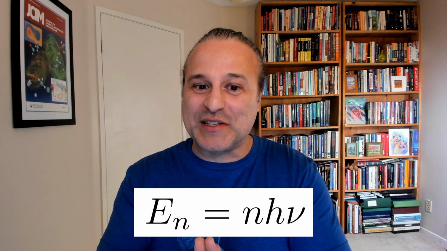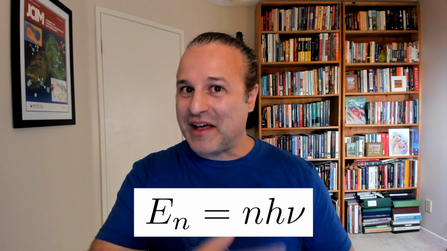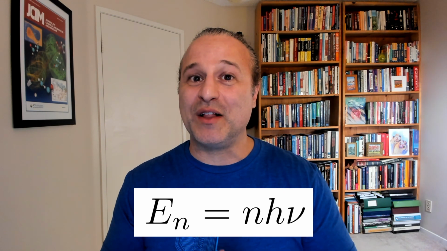So this is what we mean that the system's energy is quantized. And of course, if h nu is a really small number, these are going to be really tiny increases in energy that are maybe imperceivable at our size scale in our daily life, right? But things are quantized. Energy is quantized. So it's a simple equation, but I wanted to spend some time on it because this is the big assumption that Planck made that allowed him to derive his famous law.